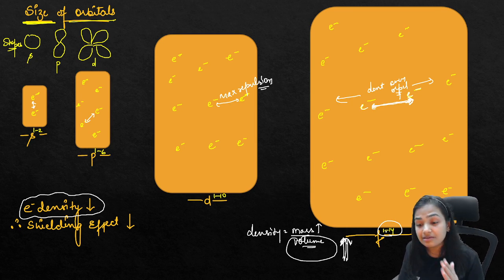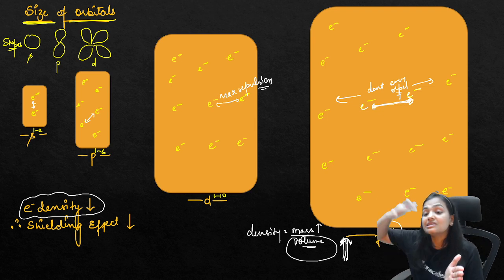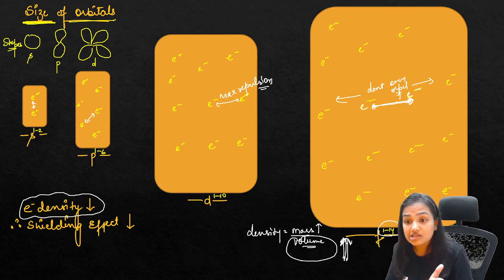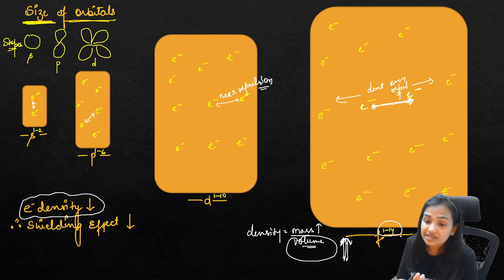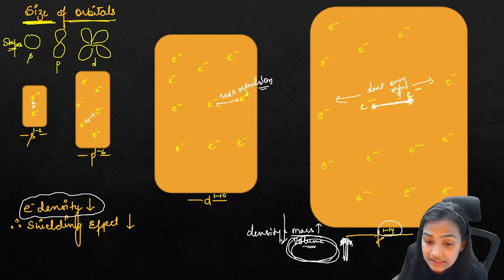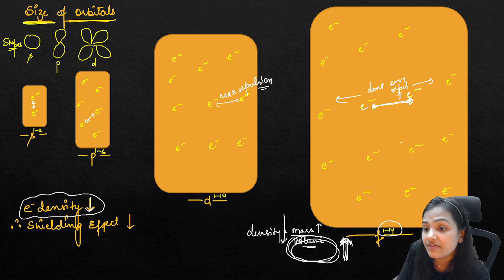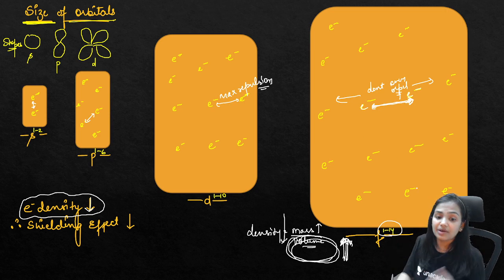The mass is increasing, but with respect to mass the size is increasing much more. So if this denominator increases a lot, the density decreases. And if the density decreases, the electrons are so far from each other that they don't even repel.